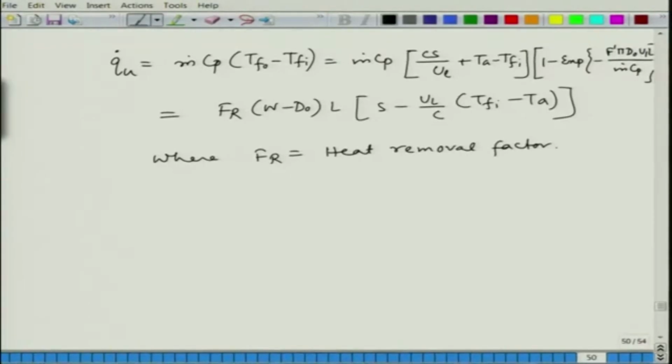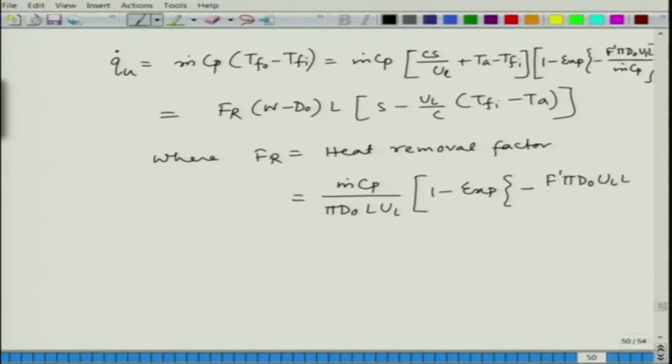So, in each step you should draw parallel to the analysis that we have done for the flat plate collector. That will help you understand the physical meaning of each of these terms. Okay. This is nothing but m dot Cp by pi d naught L UL multiplied by 1 minus exponential minus of F prime pi d naught UL L divided by m dot Cp.